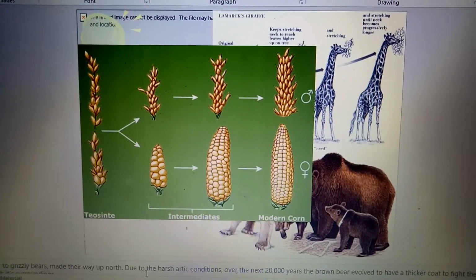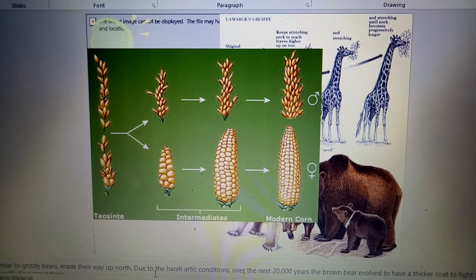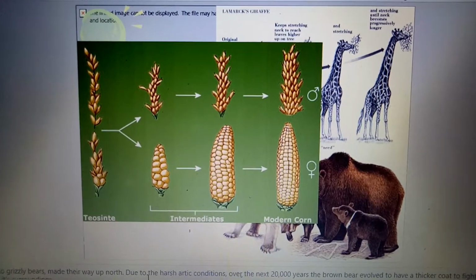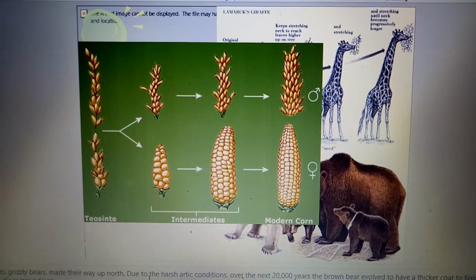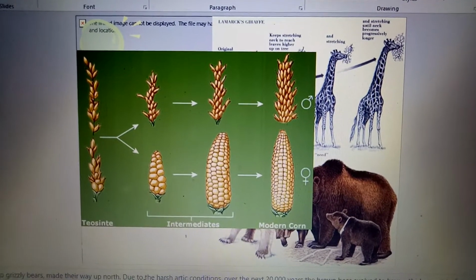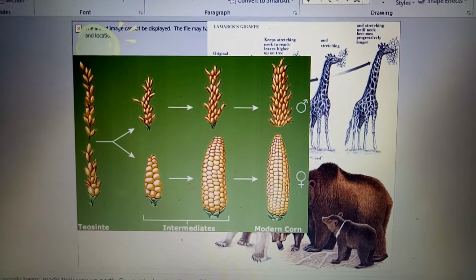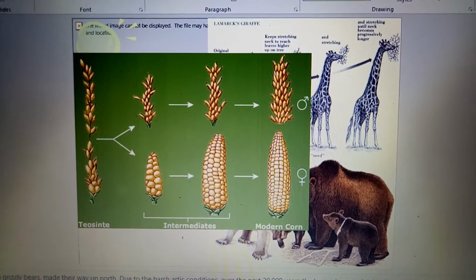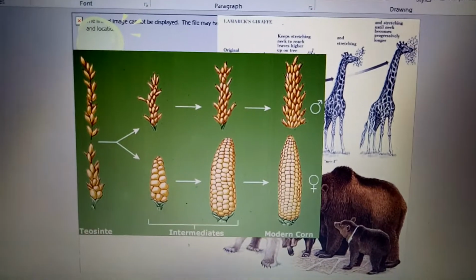As you can see, from the beginning, the corn looked very small, just like that. After some time, it became modern corn. And if you still remember the evolutionary change of the giraffe and polar bear last time, the same thing happens. They adapt to their environment.